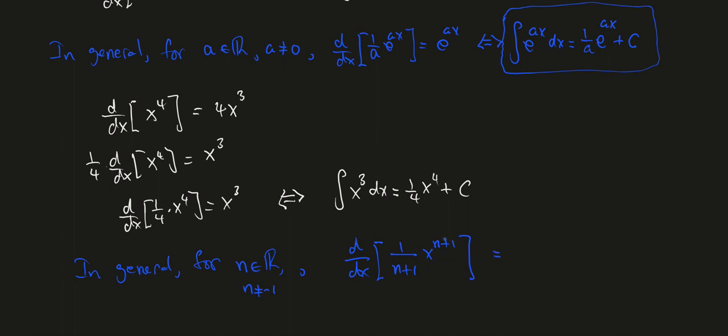Well, if I bring down this power and multiply this constant, I'll have n plus 1 over n plus 1, which is 1. So the constant would simplify to 1. And then I would have to subtract 1 from this exponent, which just leaves x to the n. Right?